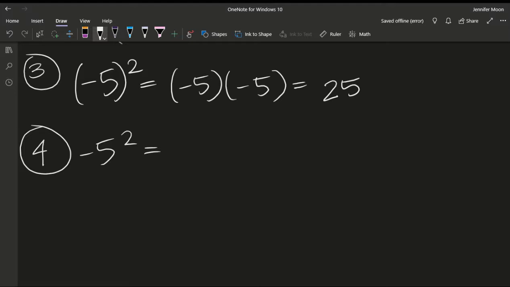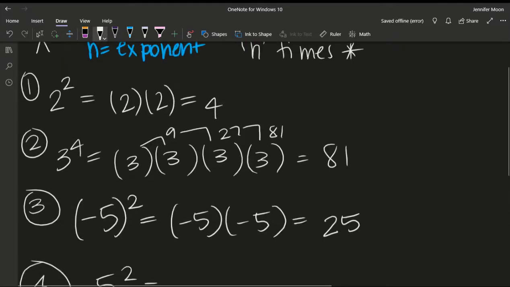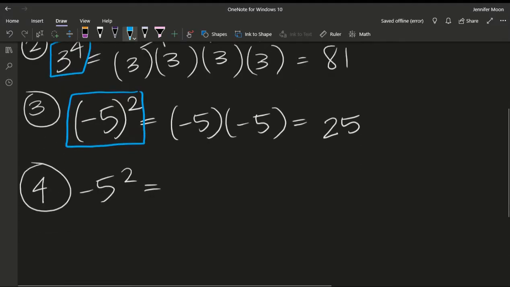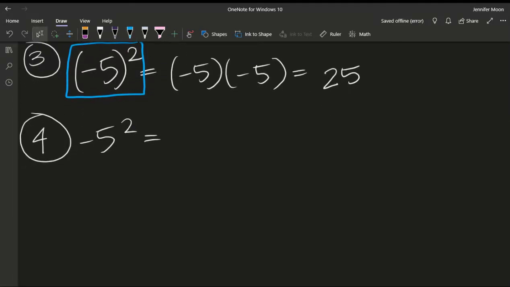Say it was given to you just as negative 5 squared. If you look at our previous examples, because it involved parentheses, I included the sign. This squared right here is only on the 5.